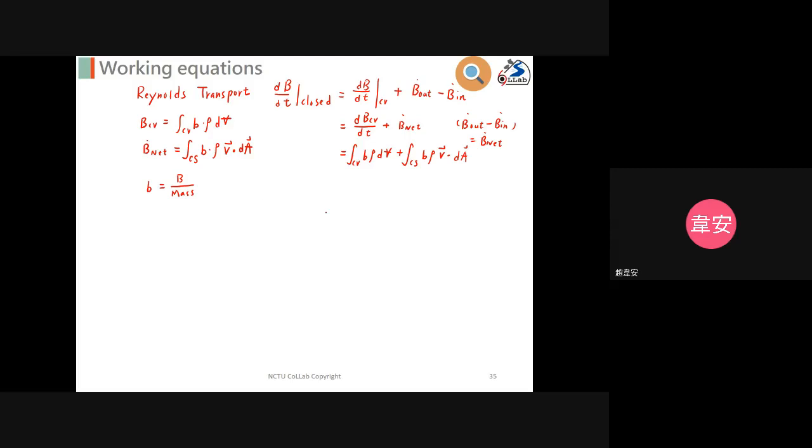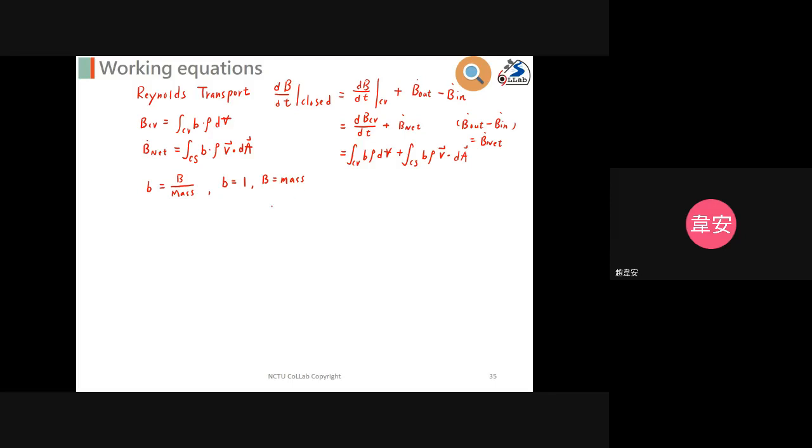In this chapter, we always focus on mass problems. So that means usually we use b equal to 1, and the capital B is equal to the mass. So in the Reynolds transport theory, we replace the capital B by the mass.